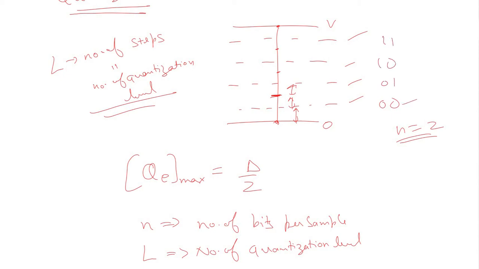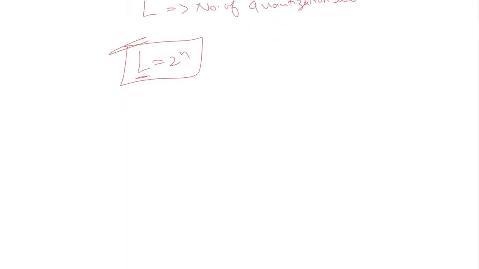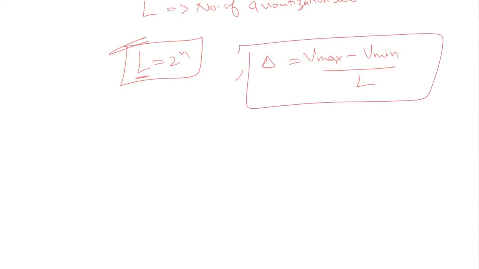With the help of these combinations we can represent the quantization levels. And the step size delta is equal to V max minus V min divided by L, where V max minus V min gives you the dynamic range of the samples, or the range in which the samples are distributed.